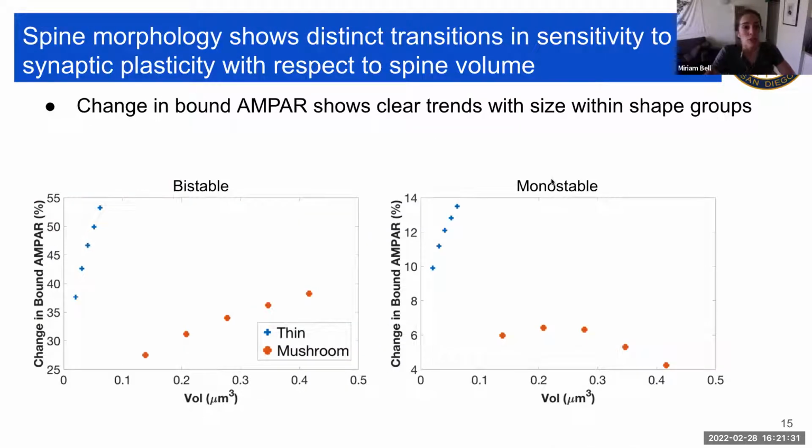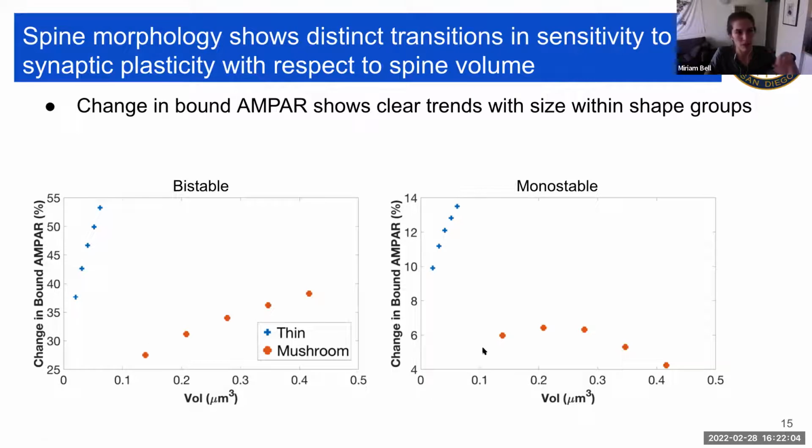Okay, so here we scaled thin and mushroom spines to different volumes from their control volume. And we're looking here at percent change in bound AMPA steady state from its initial steady state baseline. So you can see here in both models, you see this clear resetting of bound AMPA change between the two shapes. So this is the thin spines in blue and the mushroom spines in red. Additionally, we get a much steeper increase in percent change for the smaller thin spines compared to the larger mushroom spines.